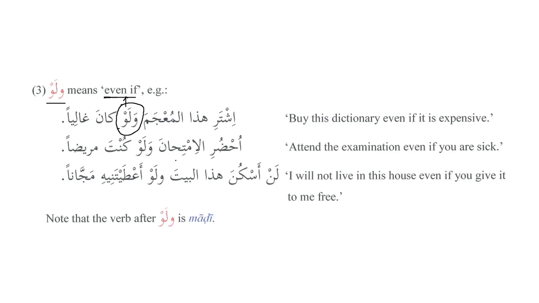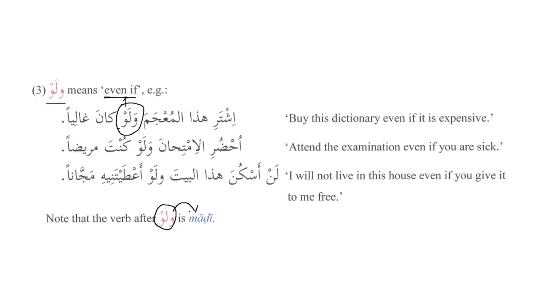احضر الامتحان, attend the examination ولو كنت مريضا, even if you are sick. لن أسكن هذا البيت ولو أعطيتنيه مجانا. I will not live in this house even if you give it to me free. So we can see over here that after walau, the tense that is used is the past tense, ماضي, very important.